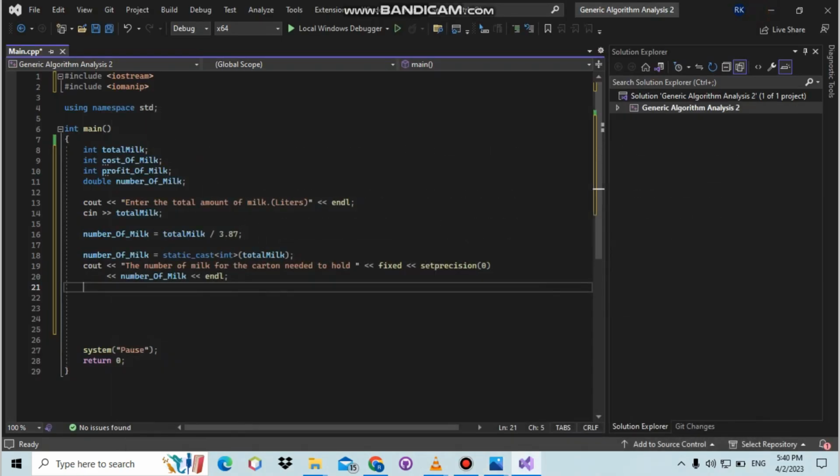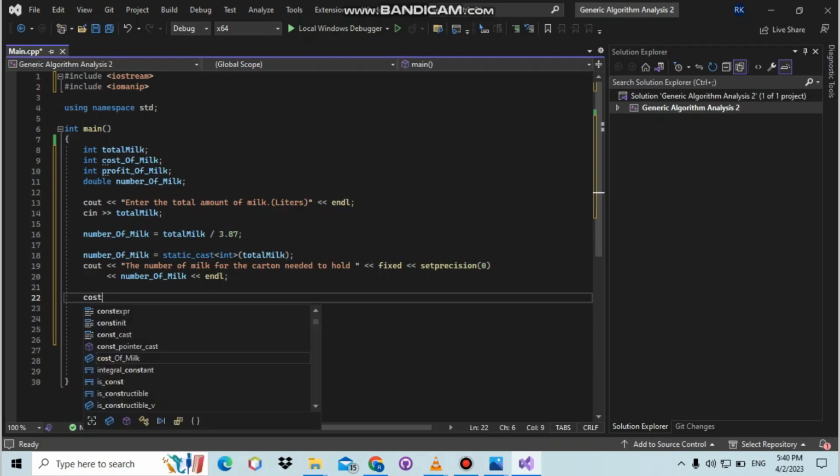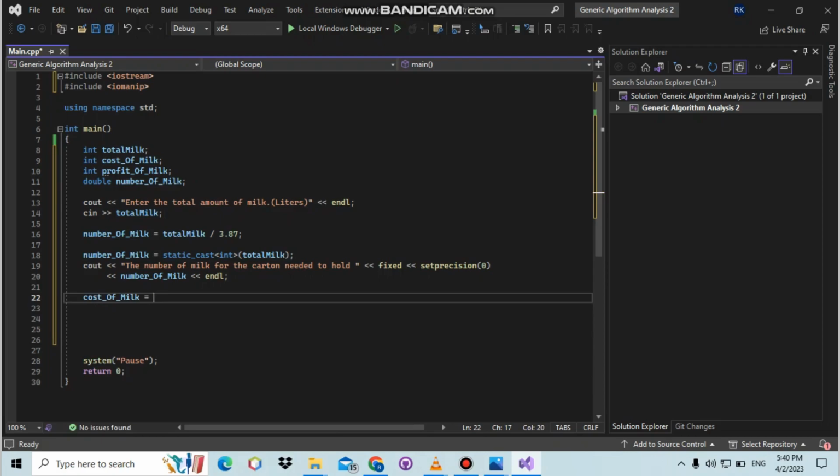Which means you have to calculate how much it costs to produce this milk. So we're going to say again a calculation by saying cost of milk is equal to the number of milk we have multiplied by the cost to produce. Maybe it's 0.38 if I'm not mistaken. Let's check it out to confirm this.